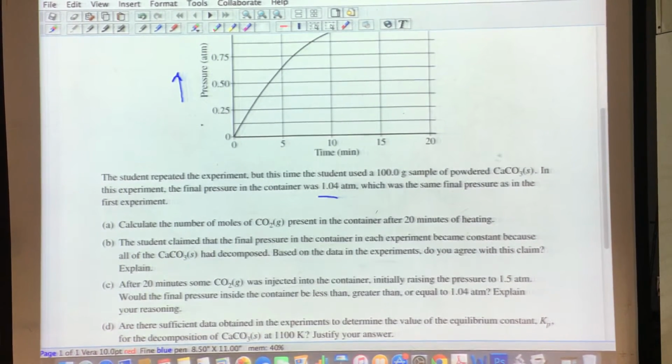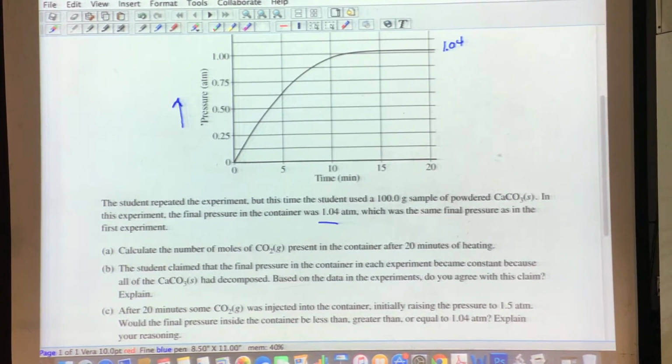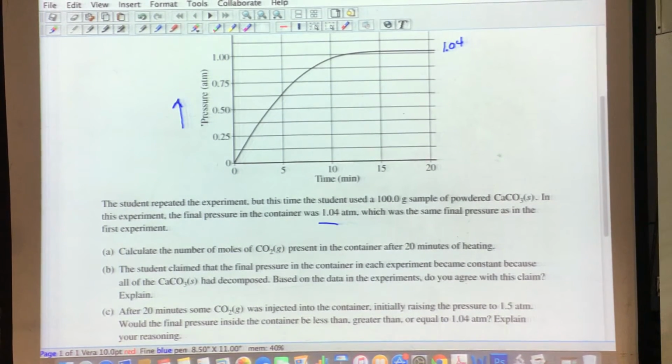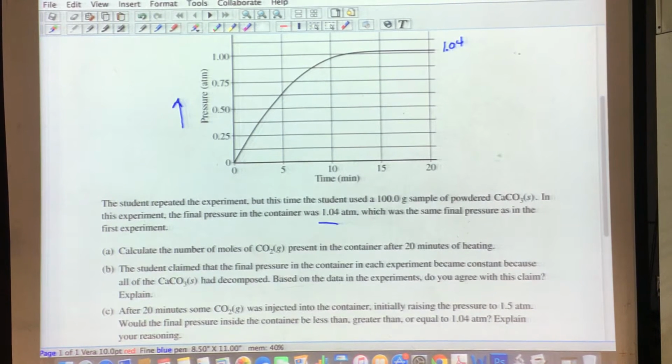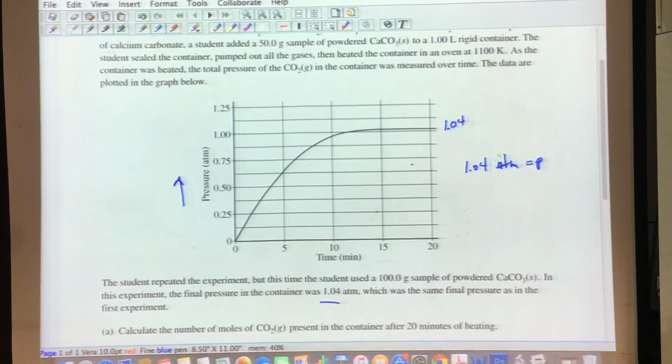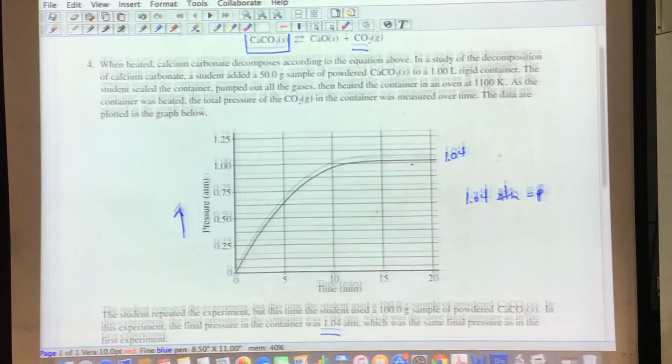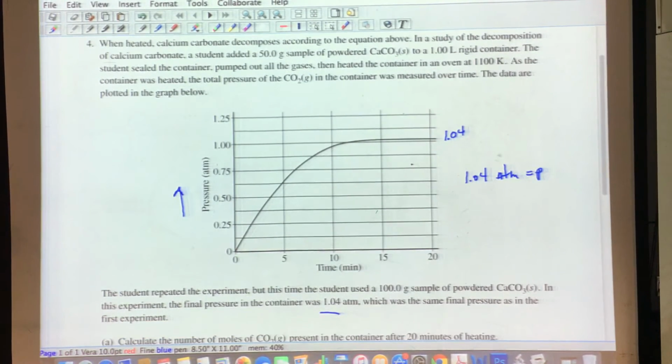Calculate the number of moles of CO2 present in the container after 20 minutes of heating. After 20 minutes of heating, we have 1.04 atm, that's our pressure, and they want the moles of CO2. We haven't seen this enough, but the gas law problems will sneak up on you. What do we have? We have a volume, a 1 liter container.